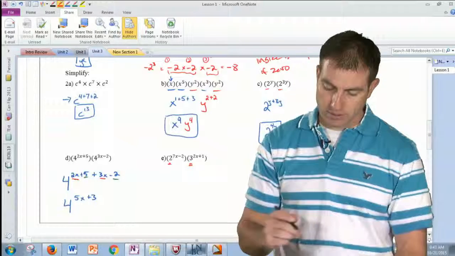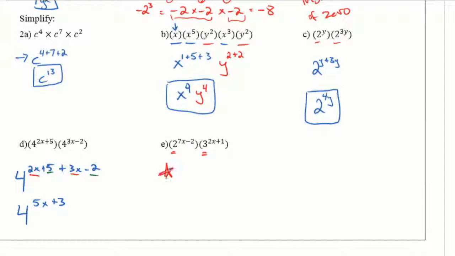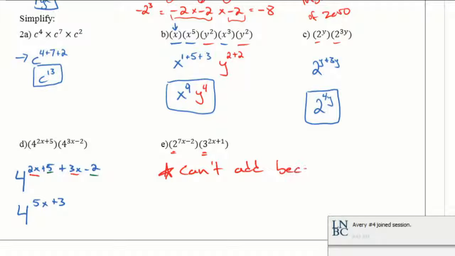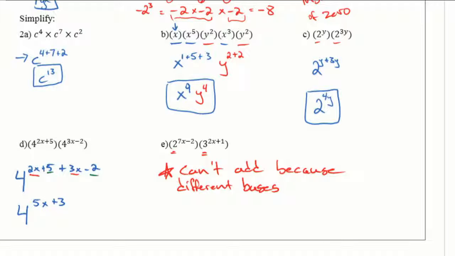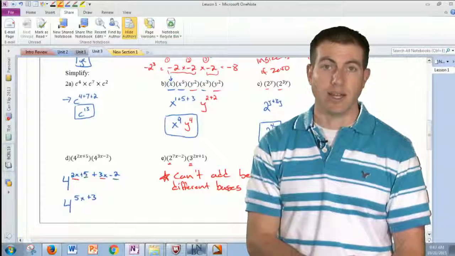No, we cannot. So if you want to put a little note to yourself, can't add because we have different bases. So there's literally nothing we can do to simplify that question any further.